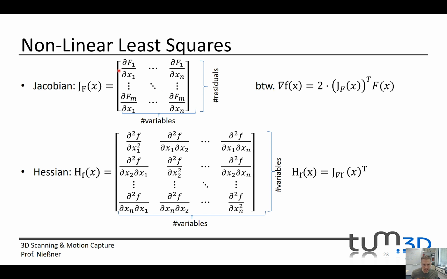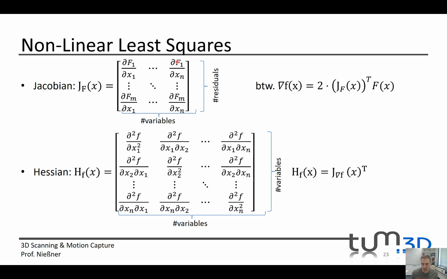So you have a matrix where the rows are the number of residuals, and the columns are the number of unknown variables that we solve for, right? So we have the first residual with respect to the first unknown, the first residual with respect to the second unknown, third residual, and so on.